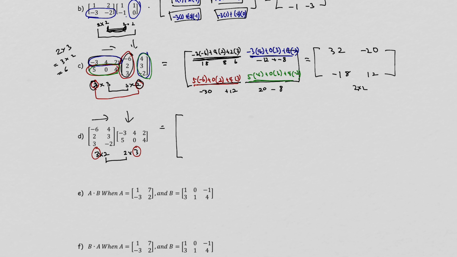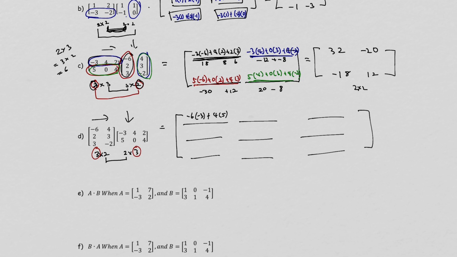So the first, I will do negative 6 times negative 3 plus 4 times 5. 3 by 3 matrix, so it'll be 1, 2, 3, 1, 2, 3, 1, 2, 3 matrix. And then first row, second column will be negative 6 times 4 plus 4 times 0. Negative 6 times 2 plus 4 times 4. This is 2 times negative 3 plus 4 times 5. 2 times 4 plus 3 times 0. Make sure this is 3.